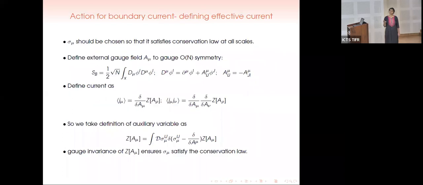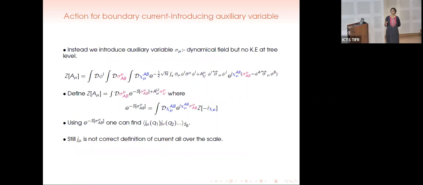And what are you doing in the sigma chi? If you go back to the previous slide, there were no quadratic A mu terms here. Yeah, there was no. So what would you do? You would just change the del mu to d mu, or what are you doing?